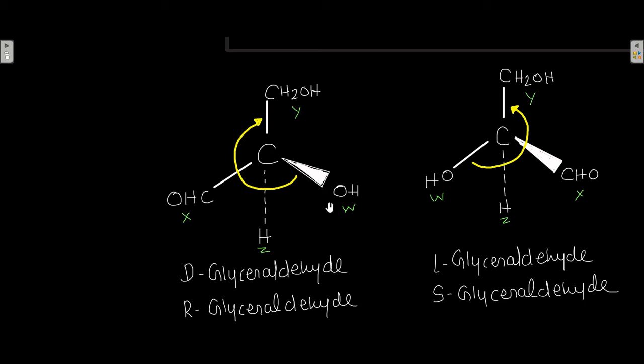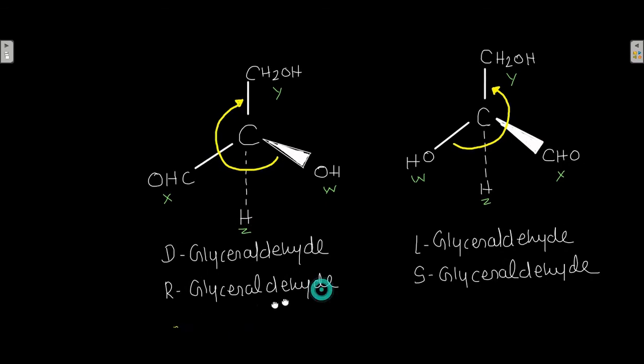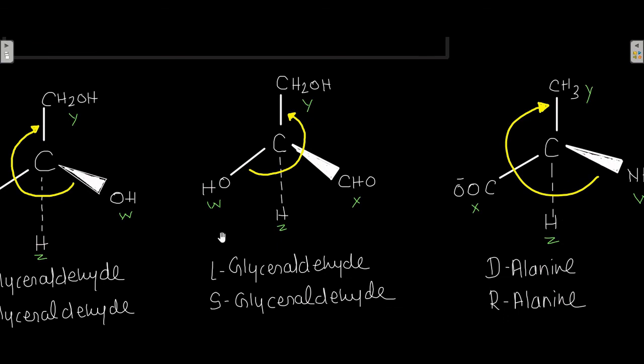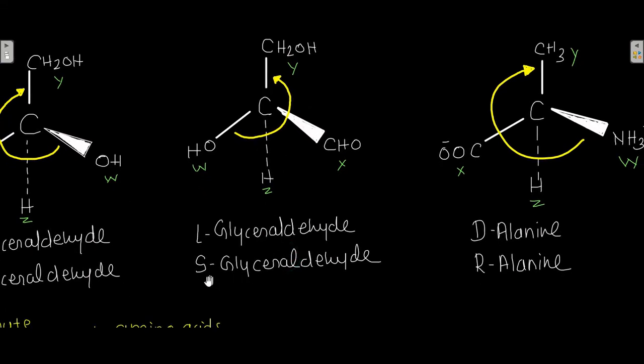The order of the groups from W, X to Y is in the clockwise direction, and that is the reason why this is designated as R-glyceraldehyde. In this case the order of the groups is in the counterclockwise direction, and that is the reason why this compound is designated as S-glyceraldehyde.